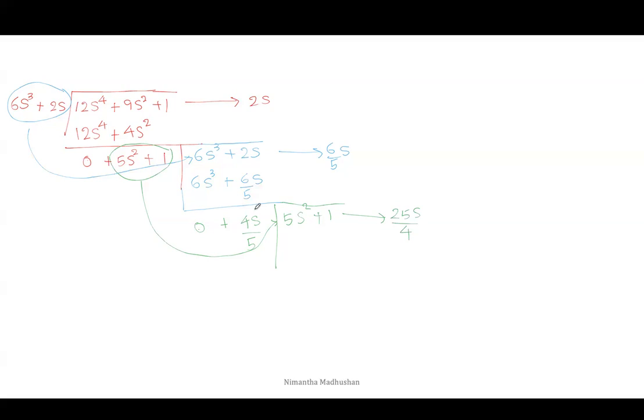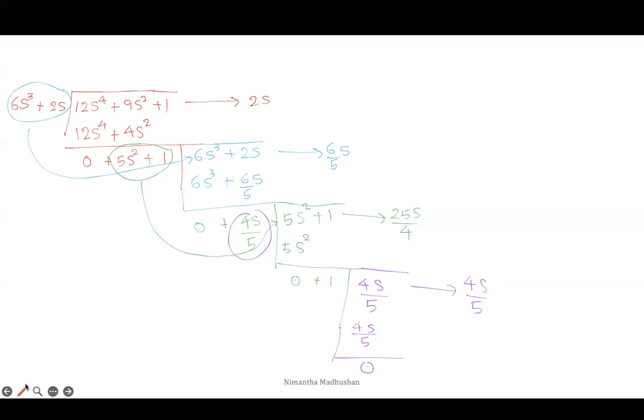When I multiply this by this, I can obtain 5s squared. The remaining part is 1. Now I use this one here, 4s over 5. The answer will be 4s over 5. And if I multiply this by this 4s over 5, the final answer will be 0.